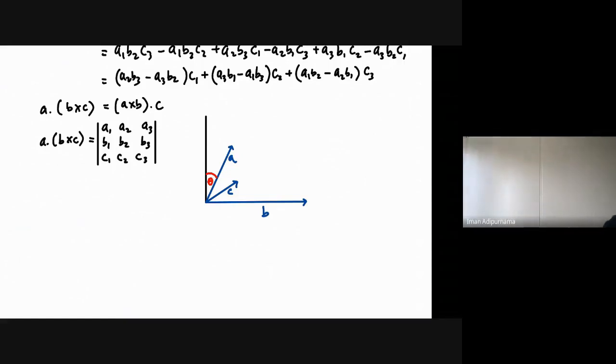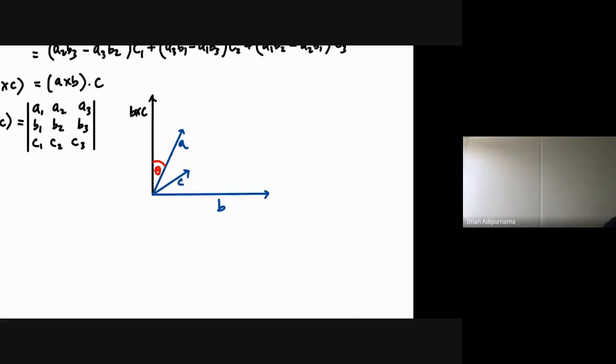And let's say B cross C is here. So B and then cross C. Use your right hand, and your thumb becomes B cross C. And if we are looking at these three vectors, let me make the 3D space first.